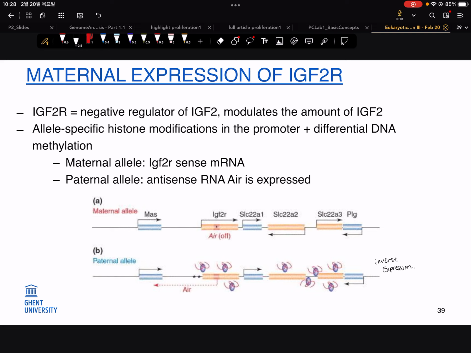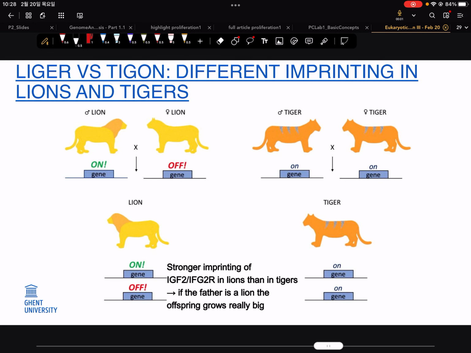So in the maternal allele, IGF2R is active, and there is no expression of a non-coding RNA called AIR. However, on the paternal allele, IGF2R is inactive and AIR is active, and that's a non-coding RNA. And we see a lot of differences here in histone modifications. So nothing related to DNA methylation now, but here histone modifications are allele specific, different between the maternal and the paternal allele.